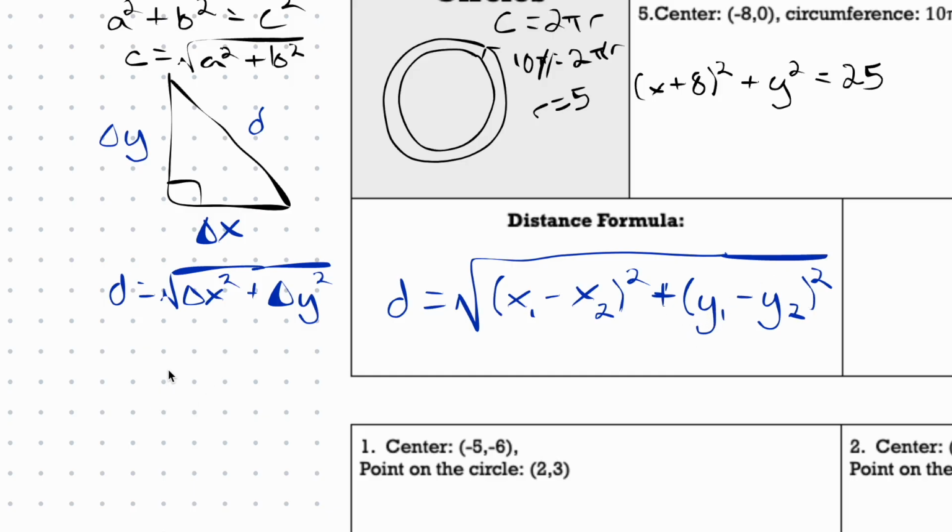So essentially, just to break this down, because maybe you've seen delta X in your physics class or something like that, if we have 2 points here and we're trying to find the distance between them, we're going to see, hey, what's their X value?